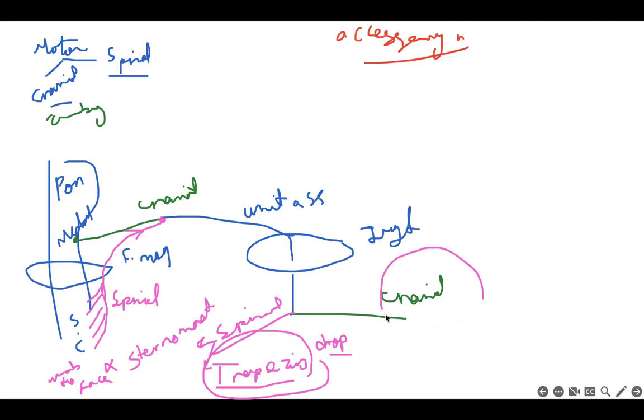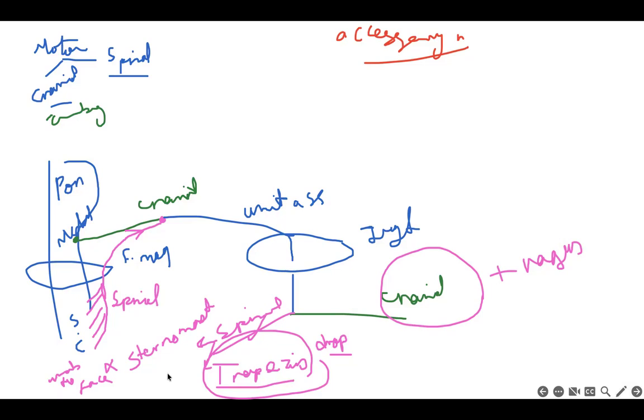What happens to the cranial part of the accessory nerve? The cranial part joins the vagus and is distributed to the pharyngeal and the laryngeal branches of the vagus. So the cranial goes in the fibers of the vagus, forming what is named the vago-accessory. But the spinal supplies only two muscles, sternomastoid and the trapezius.